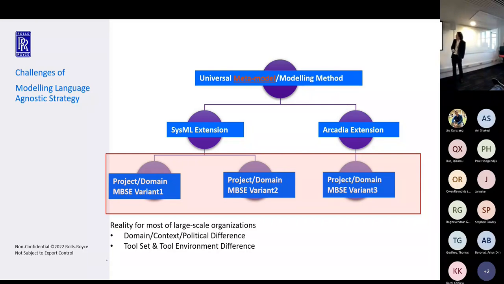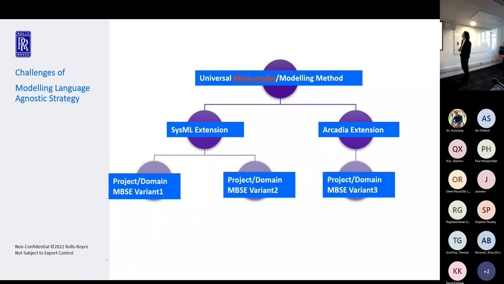It does happen, and the tool set sometimes drives that as well. They think, we want to reuse some of the legacy projects rather than building from scratch, but they will inherit the tool set as well. Since you're using a tool, for example PTC Modeler or Cameo, which are SysML based, you can't say, I prefer Acadia. It's restricted that way.